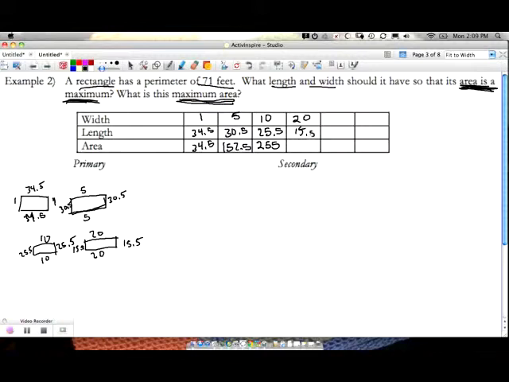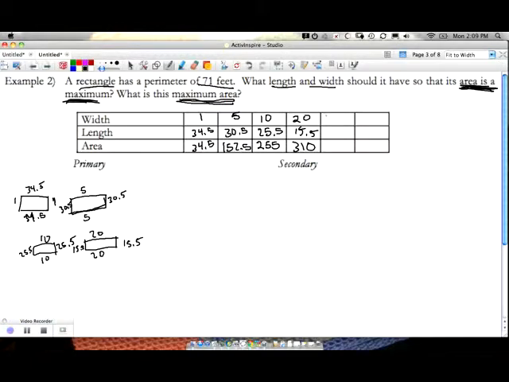So we'll have 20 times 15.5, or 31 times 10, or 310. Okay, so we got numbers going up. I mean, we might as well keep on going here.